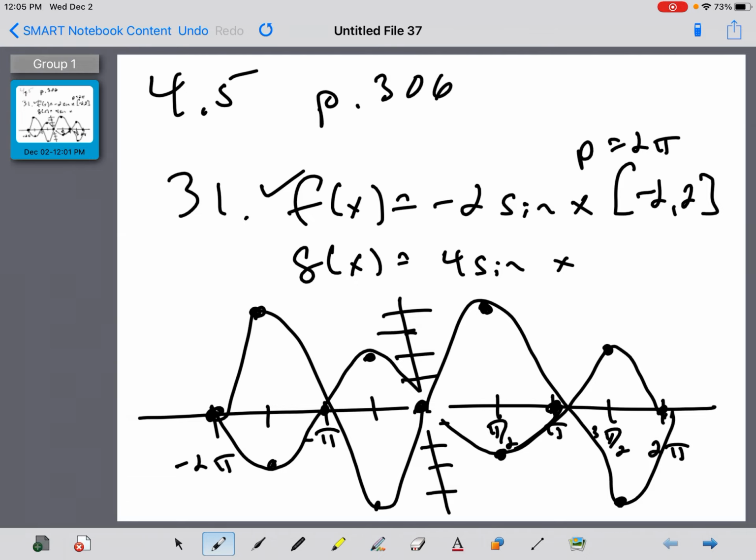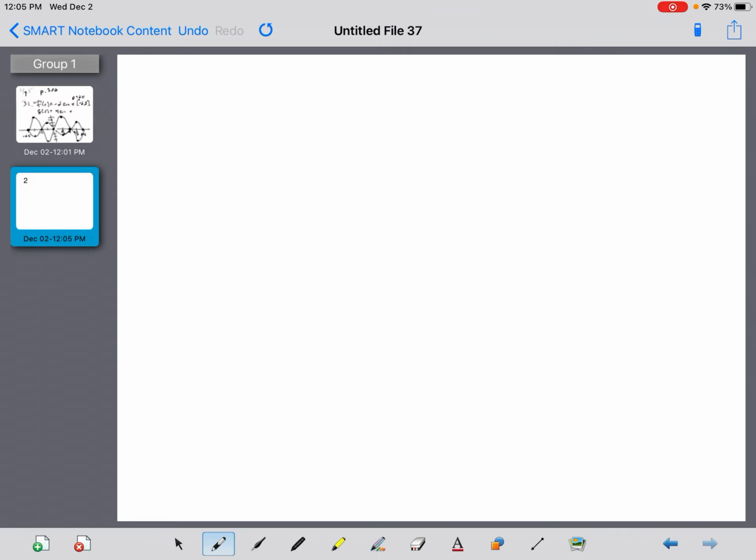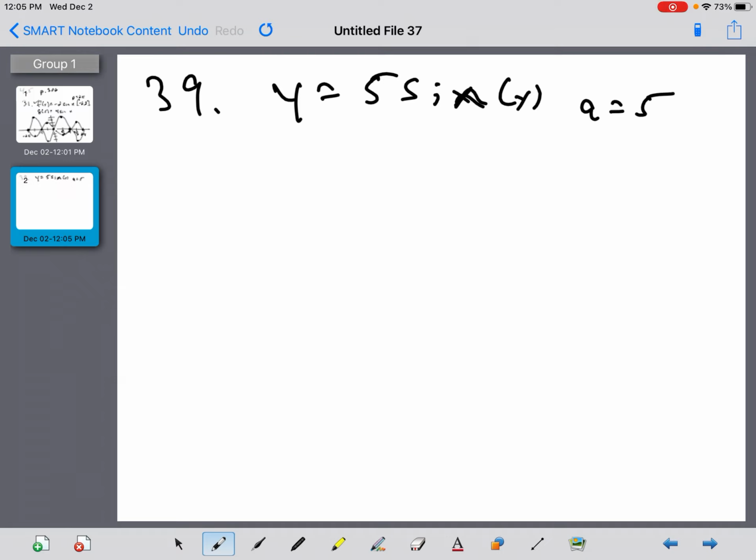All right, let's go to a new screen. Let's suppose now I jump down to number 39. How do I graph y equals 5 sine x? Okay, I know the amplitude is 5, so I know my range is going to go negative 5 to 5.